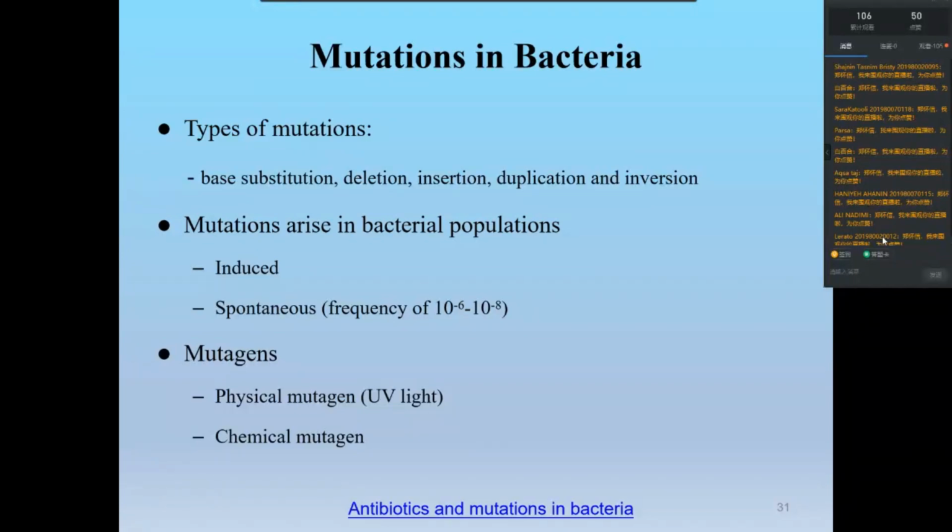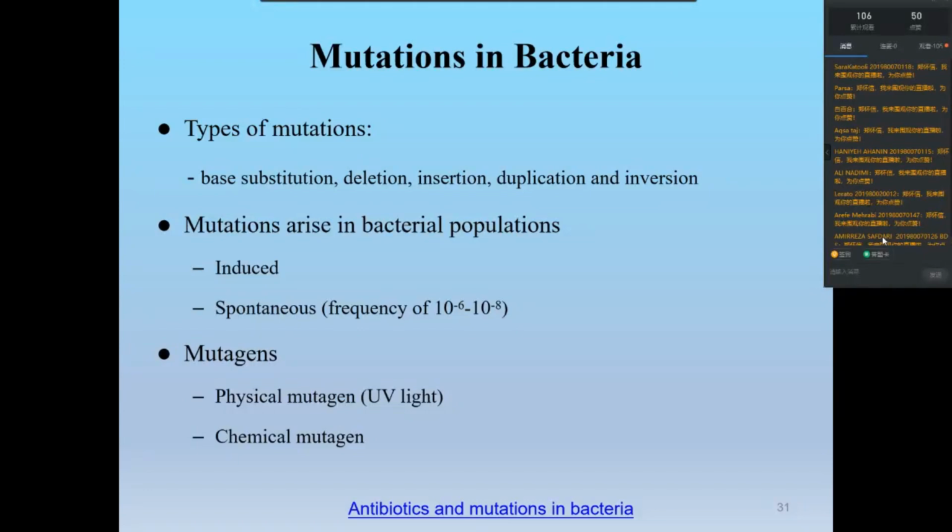And also antibiotics. Antibiotics don't change the DNA directly, but antibiotics can selectively promote some mutations to be enriched. In bacteria, mutations happen all the time. When you apply antibiotics, most of the bacteria will be killed.